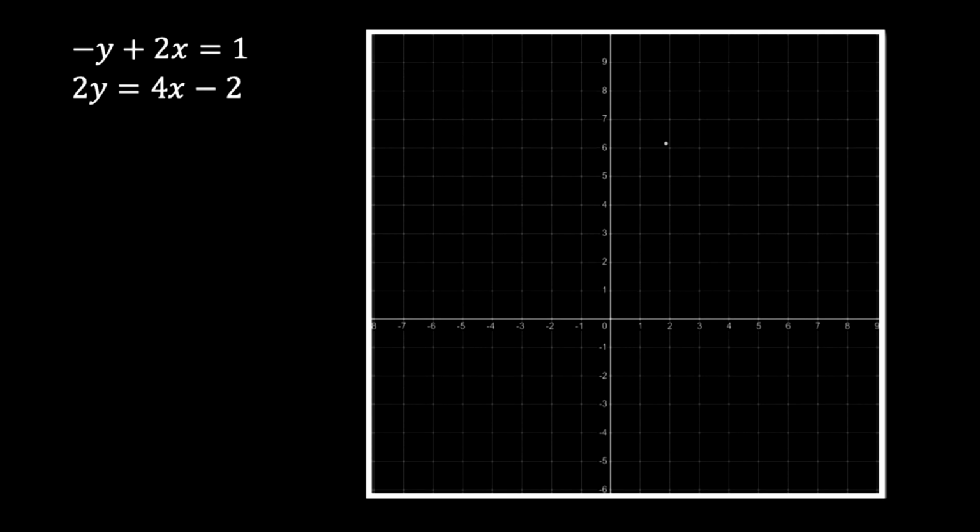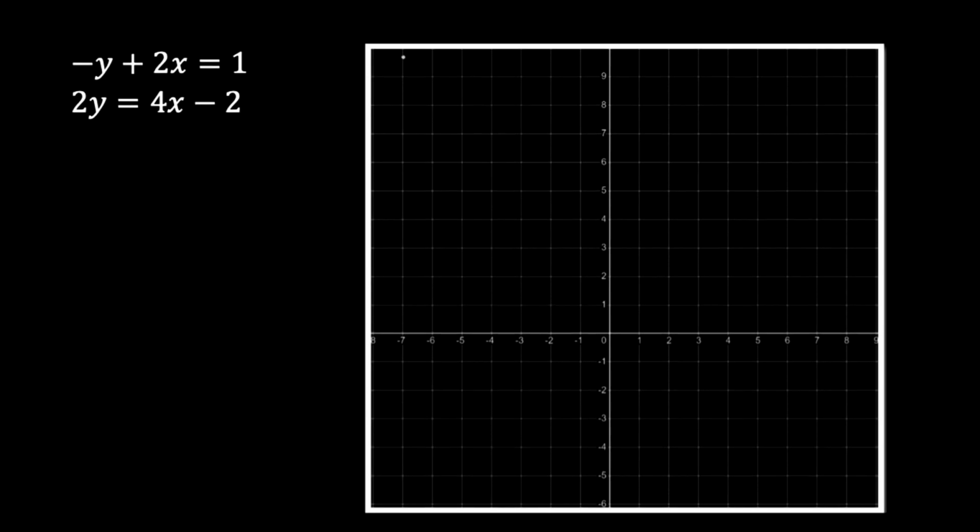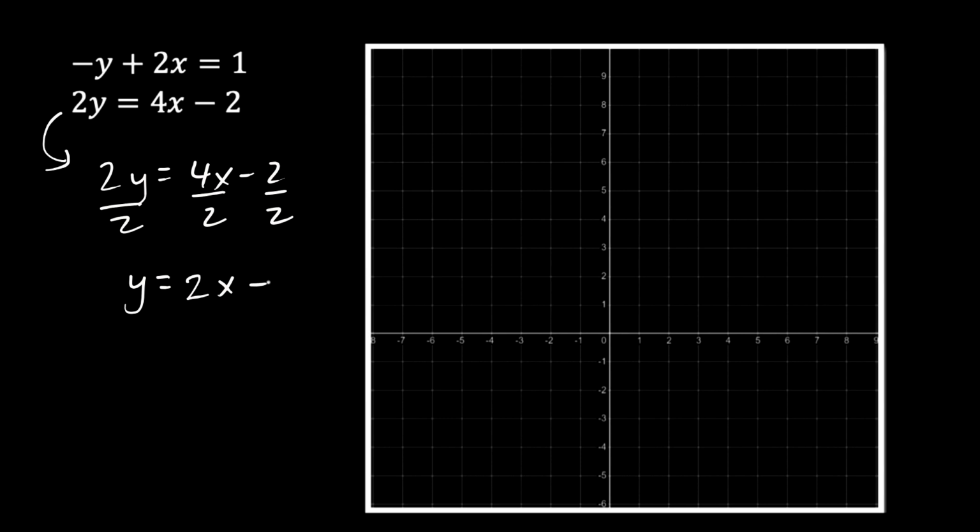And our final example. So first, let's go with our second equation here. This one looks easier. So in this case, we just need to isolate the y. So we're going to get rid of multiply by 2. We'll divide both sides by 2. That leaves us with y equals, and now we have 2x minus 1. Okay, so let's go ahead and graph that.